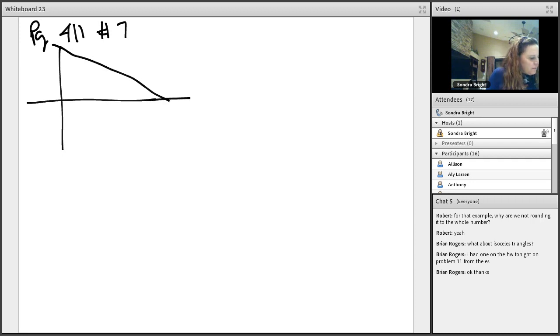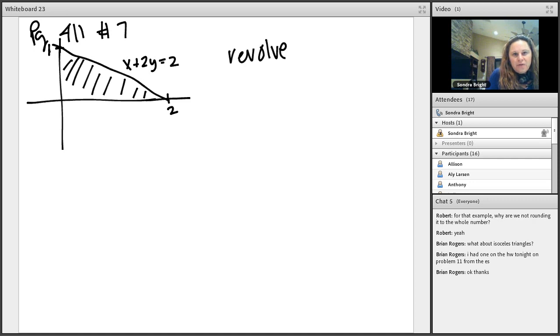The straight line was x plus 2y equals 2, and it shows that it's intersecting here at 1 and here at 2. We want this shaded region here, and we want to revolve it about the x-axis.